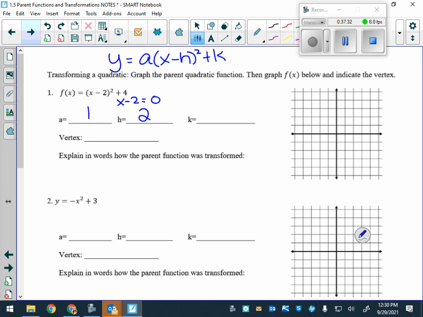What is my K value? Charlotte? 4. Good. So, since I determined A, H, and K, what is my vertex? Andrew? 2, 4. Good. So before we graph our new function, I want you to graph the parent function first, which is 0, 0, 1, 1, negative 1, 1, 2, 4, negative 2, 4.